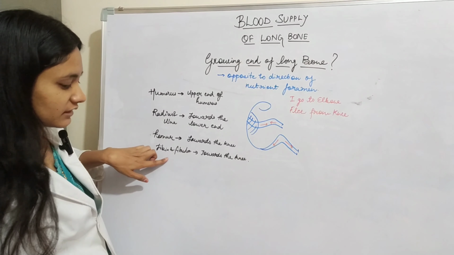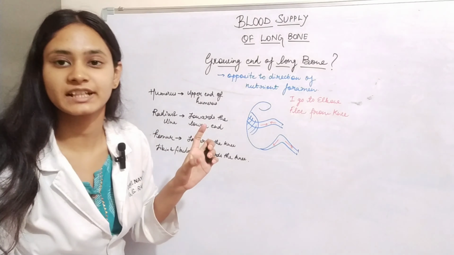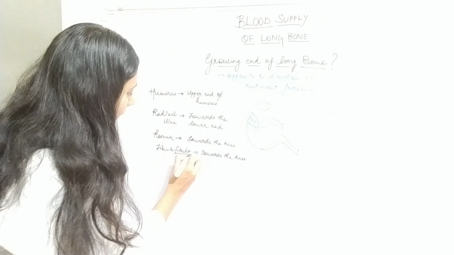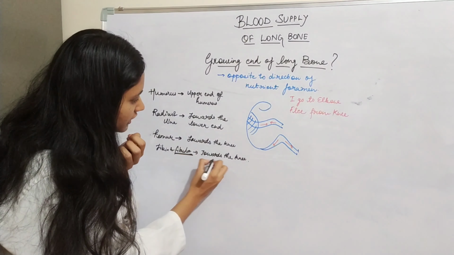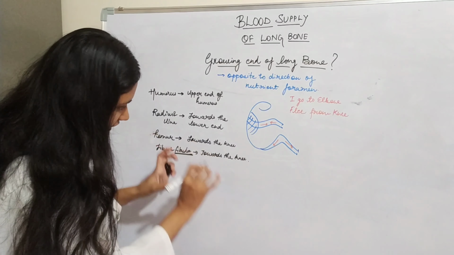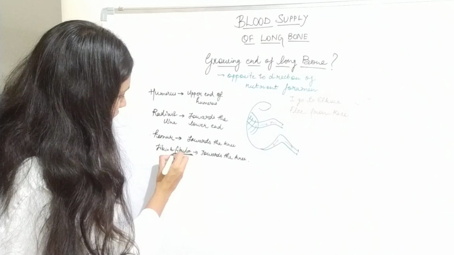Now, we had learned this concept of growing end of long bone, but here we have an exception, that is in fibula. In fibula, the only exception is it will not be towards the knee, but it would be the lower end of your fibula.